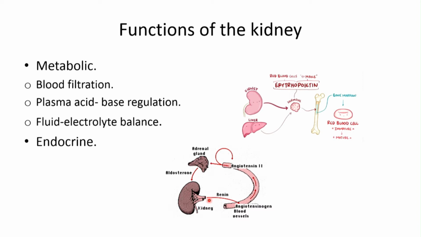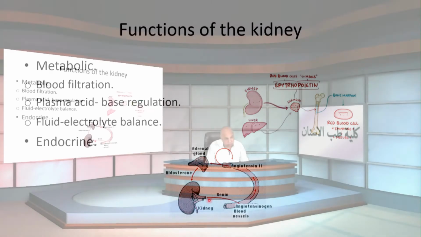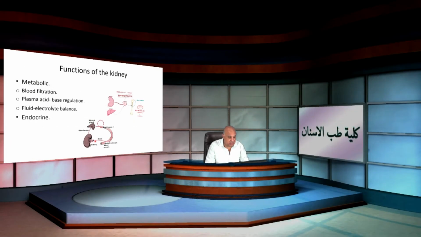The kidney also participates in the synthesis of vitamin D by secretion of 1,25-dihydroxycalciferol, and could also be affected by the hormone aldosterone as well as the parathyroid hormone.